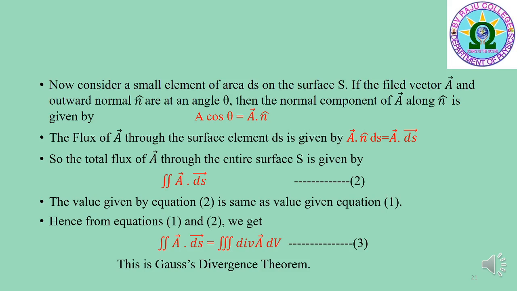That means the volume integral of div A bar dV gives the total flux of A bar coming out from the entire volume V, and the surface integral of A bar dot ds bar gives the total flux of A bar coming out from the entire surface S. Hence from equations 1 and 2 we get the surface integral of A bar dot ds bar is equal to the volume integral of div A bar dV. This is Gauss divergence theorem.